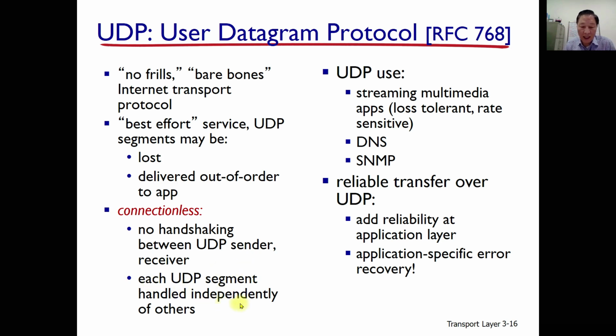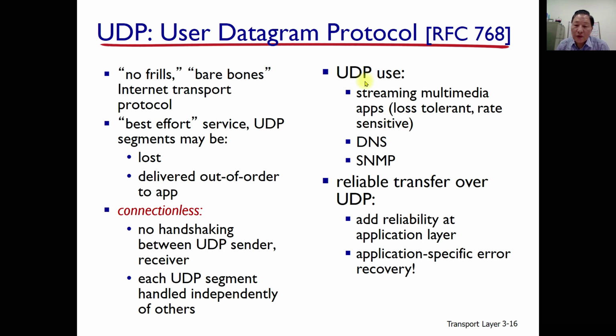Independently, they are going through the internet to arrive at the final destination. UDP is used by streaming multimedia applications that are loss tolerant and rate sensitive. And I will explain a little more in detail about this later.